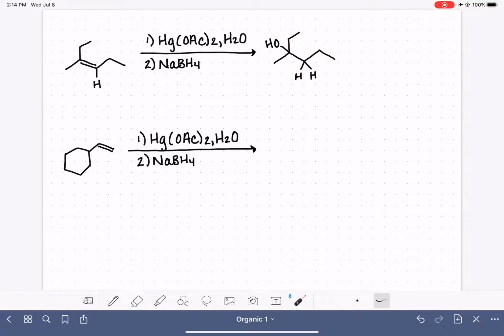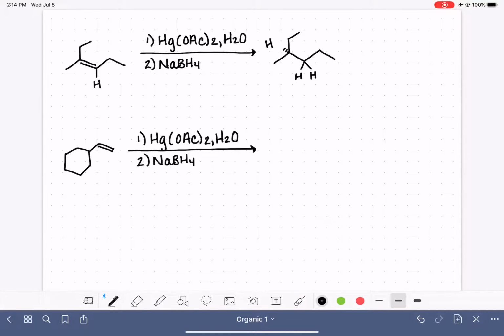Now to finish this off, we should ask ourselves, for those 2 carbons that we worked on, did either one of them become chiral? This carbon has 2 hydrogens. 2 of the same things means it's achiral. This carbon, however, is chiral, has 1, 2, 3, 4 different things attached. So we have to communicate that we have made both the R and S version of this particular molecule. You get to choose how you would like to represent that. It's totally up to you.